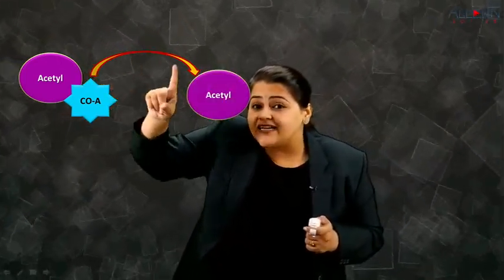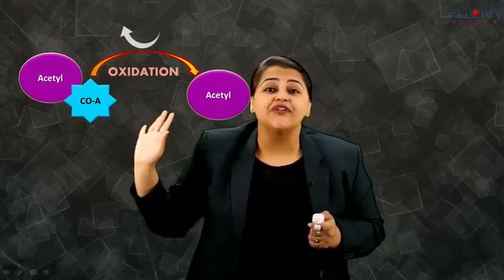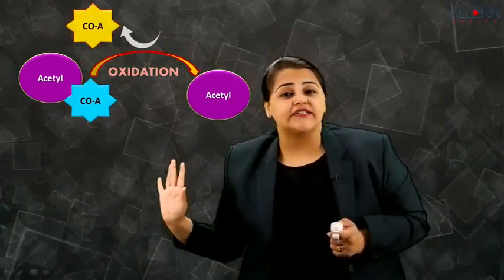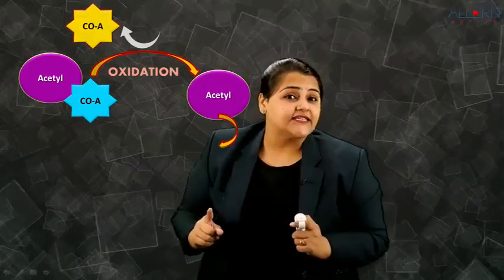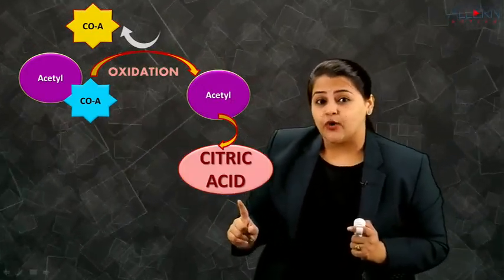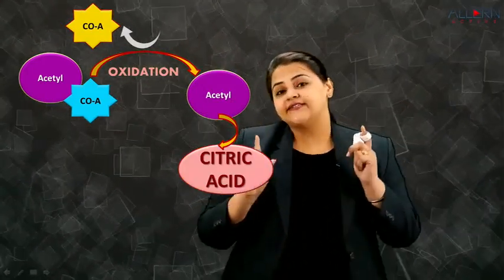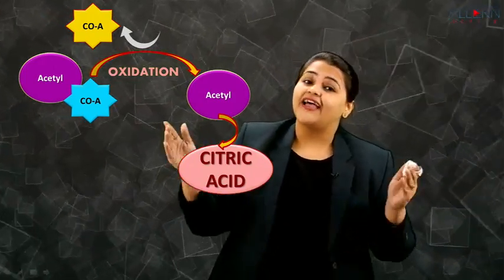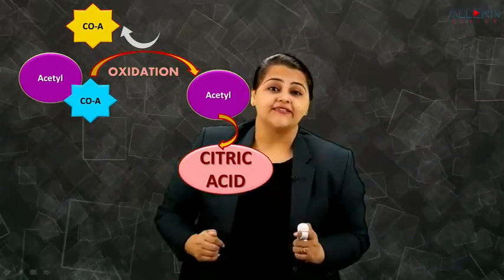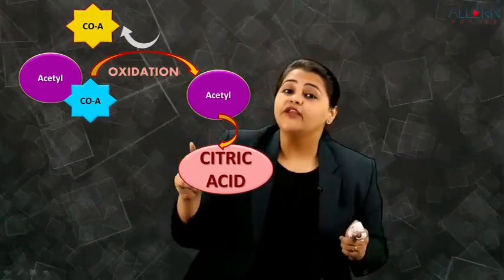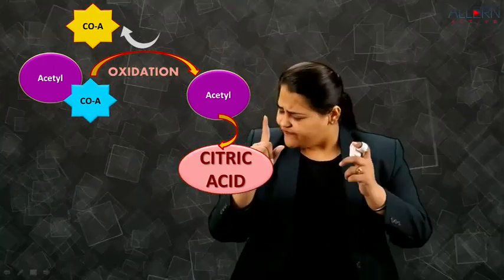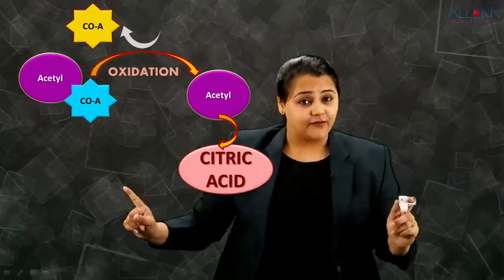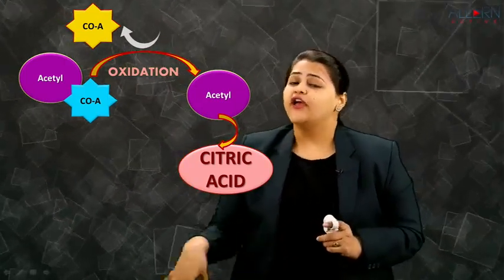So this acetyl comes over here, CoA is released by the process of oxidation. Now this acetyl molecule is further broken down into the first stable product of the entire cycle, and that is nothing but citric acid.